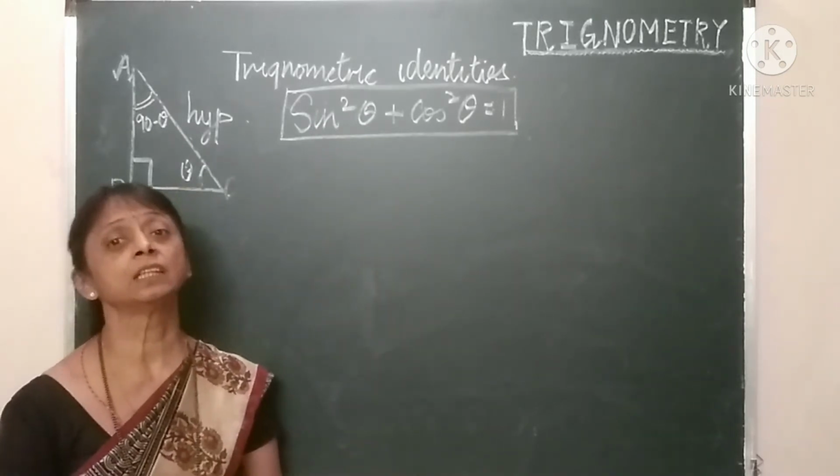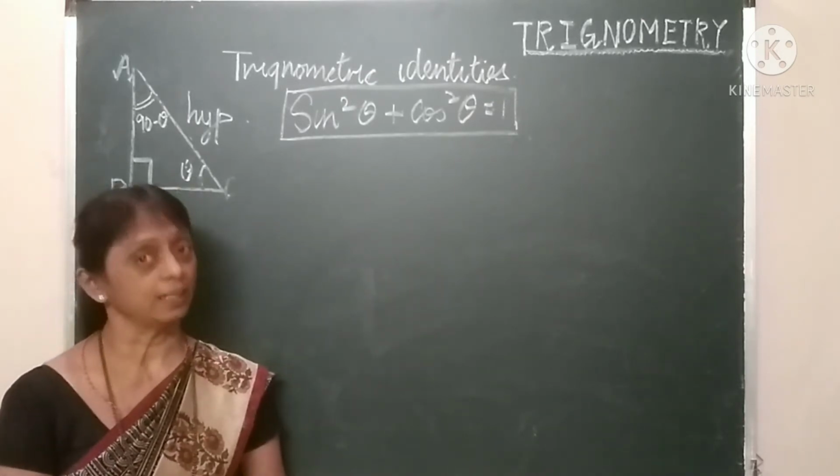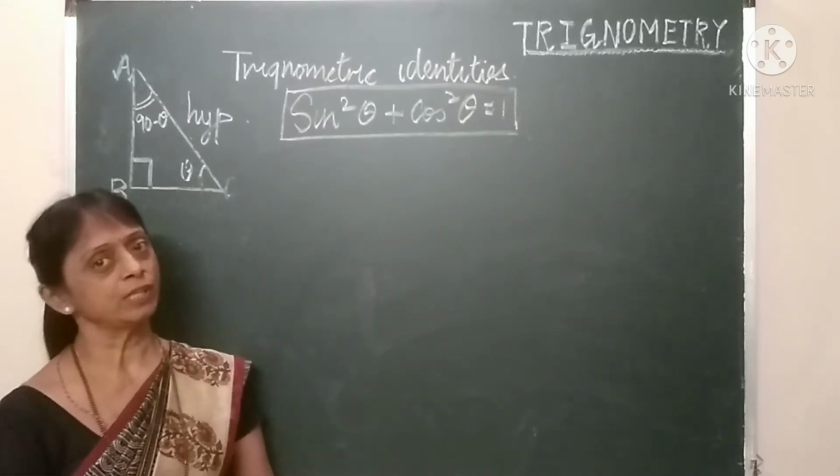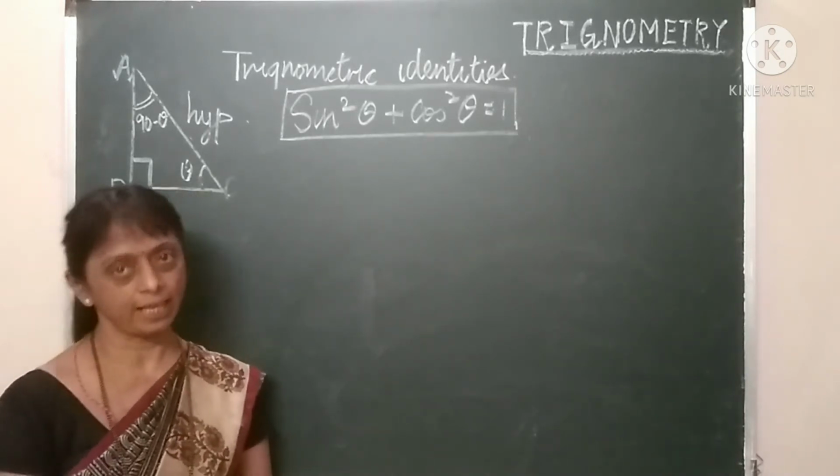How do we get the other identities? Before we plunge into understanding the other identities, let's first revise the basic trigonometrical functions and their ratios.